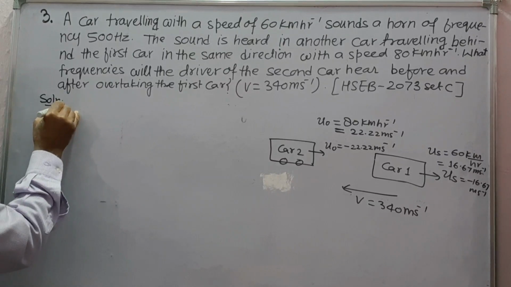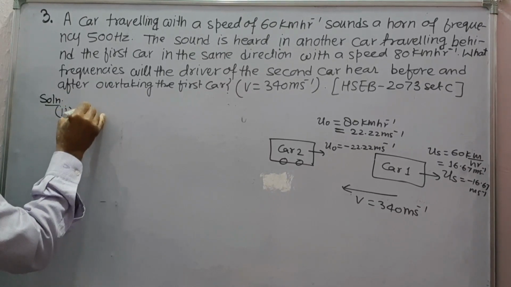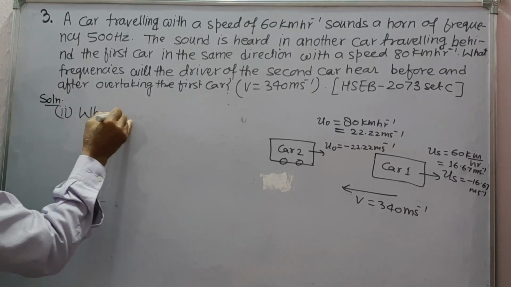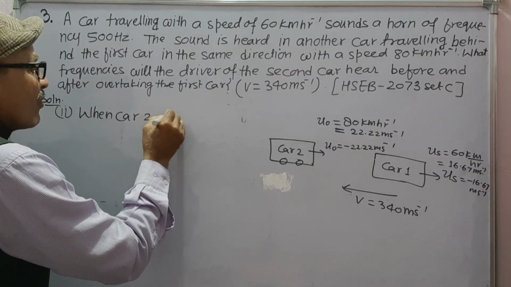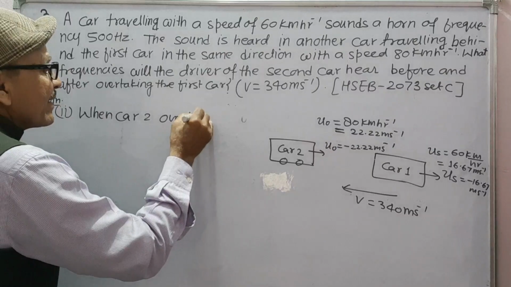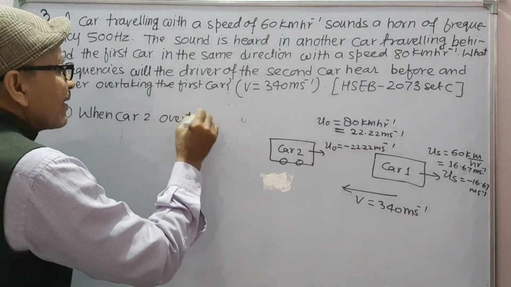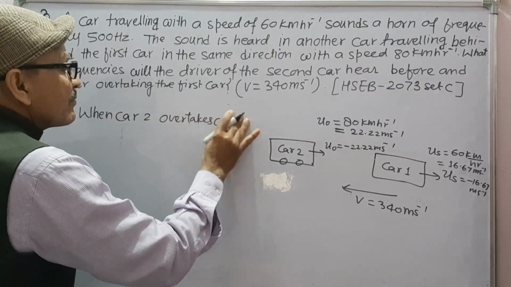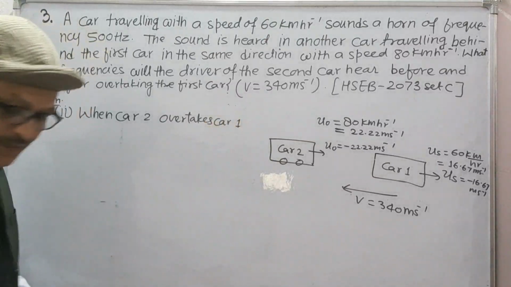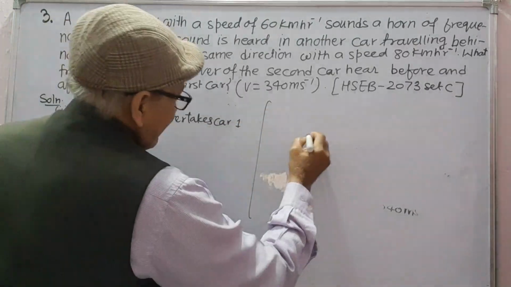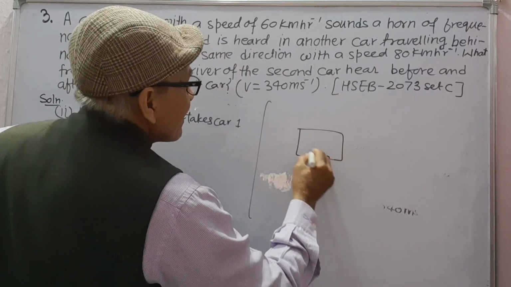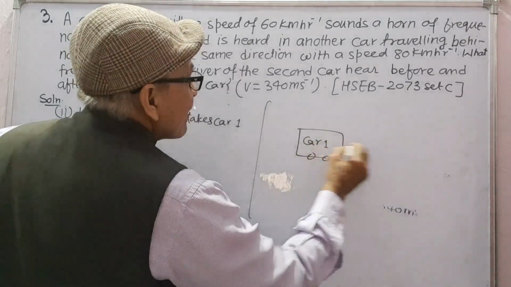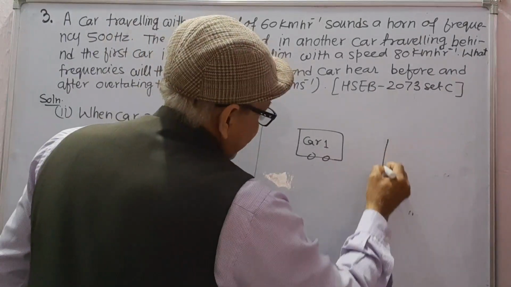In second case, when car 2 overtakes car 1, this is car 1, this is car 2.